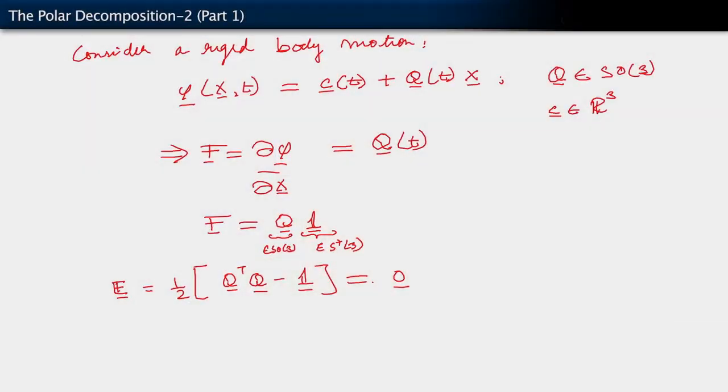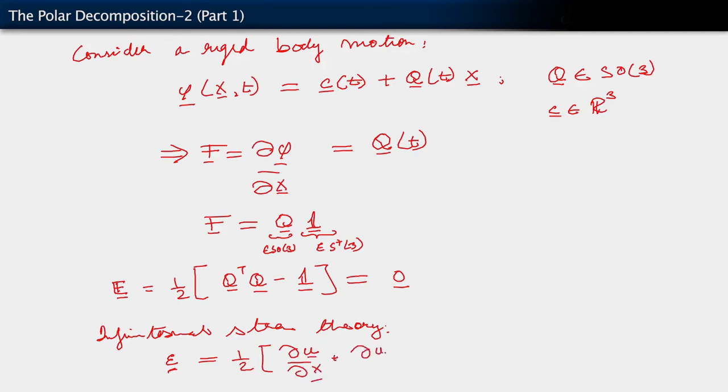So if you were doing the infinitesimal strain theory, in that case, epsilon is the infinitesimal strain tensor, and we know from the definition that epsilon is defined as 1/2 the gradient of u plus the gradient of u transpose. Let's see how this works out.